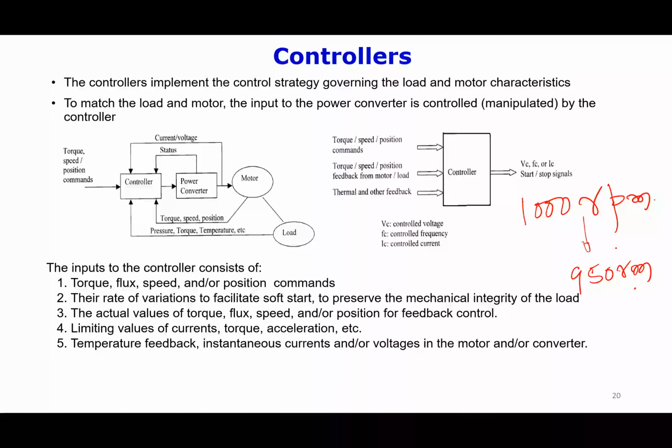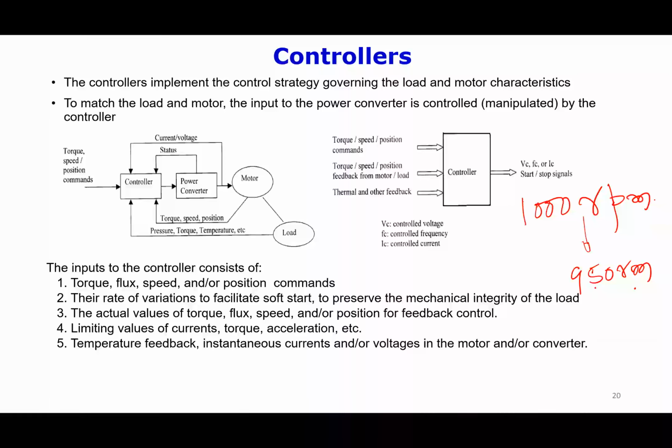So what the controller does is, it takes the error between the reference value and the actual value, and then processes the error in the controller and suitably adjusts the pulse width modulated signals that are given to the power converter devices to achieve the required voltage and frequency at the output of the power converter.